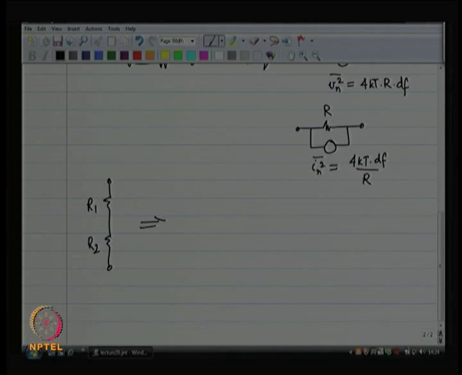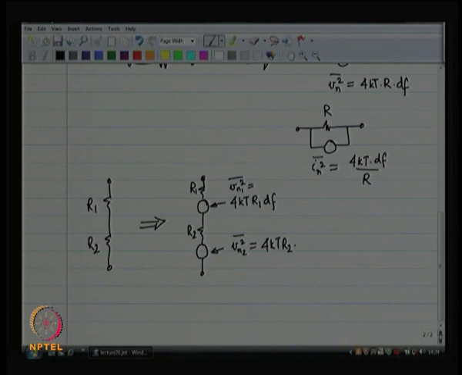R1 and R2 in series is basically noiseless R1 in series with a voltage source, and noiseless R2 in series with a voltage source. The contribution of the first voltage source is Vn1 squared, which is 4kT R1 df, and Vn2 squared mean squared is 4kT R2 df.